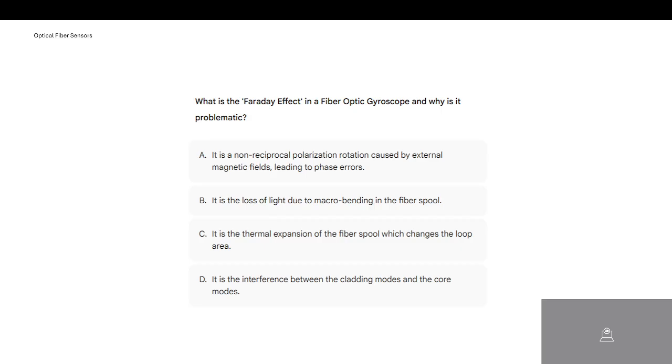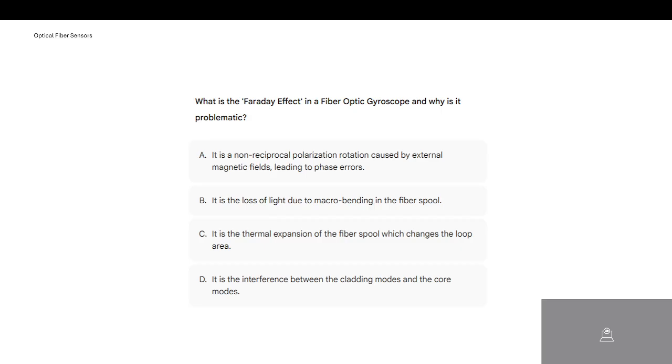Tell me your answer. Option A, it is a non-reciprocal polarization rotation caused by external magnetic field leading to phase errors.